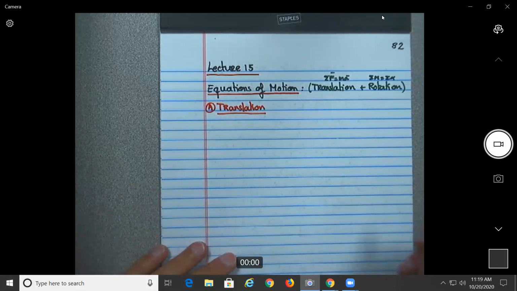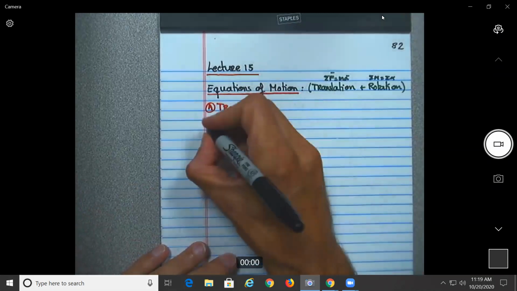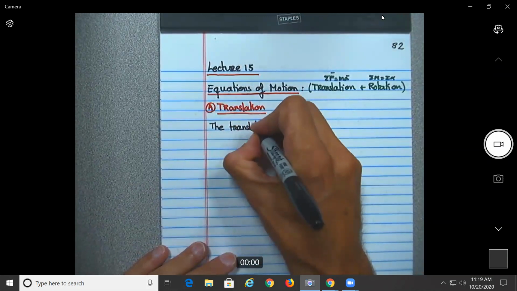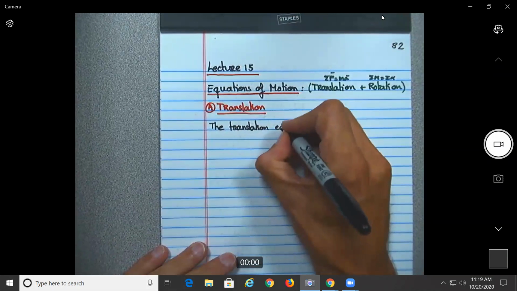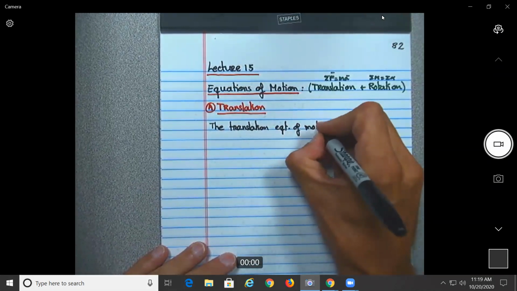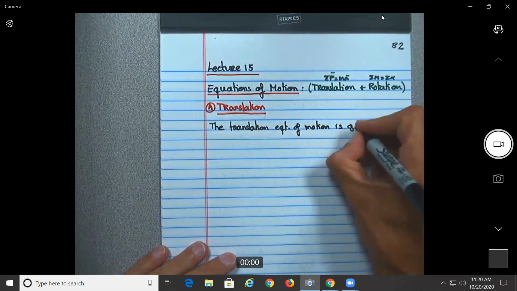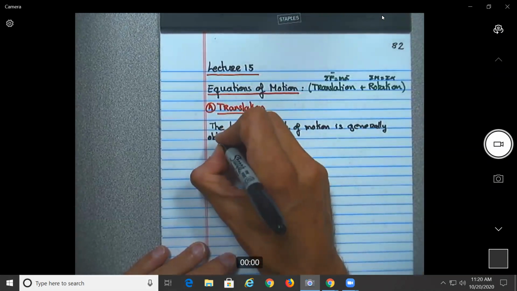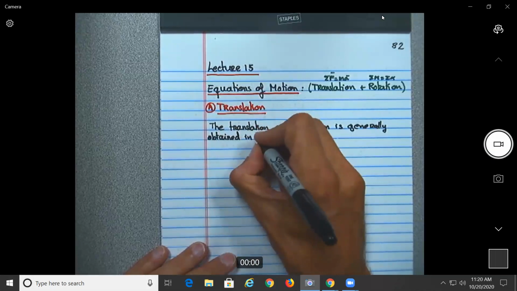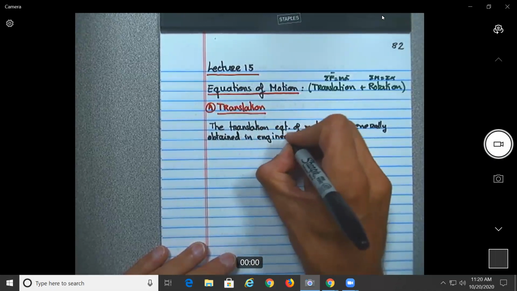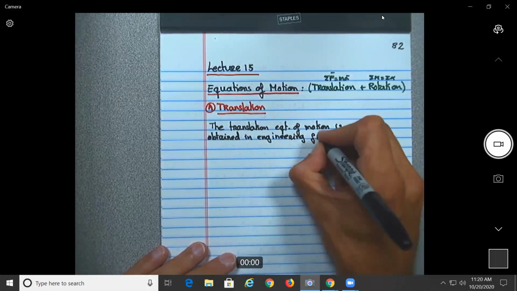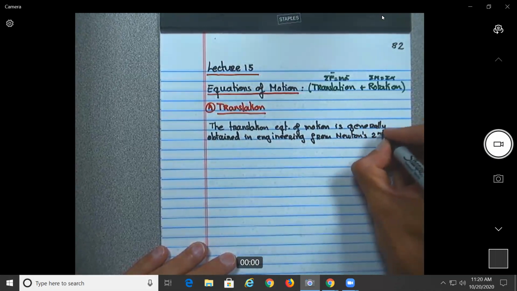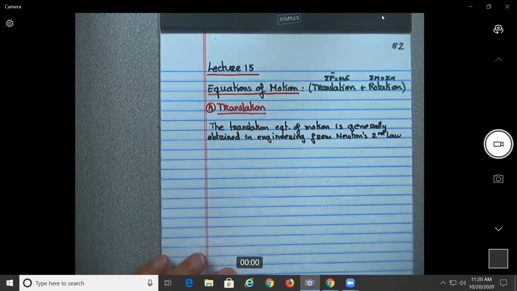It makes really no difference, but for the translation, the equation of motion is generally obtained in engineering from Newton's second law, which is what?